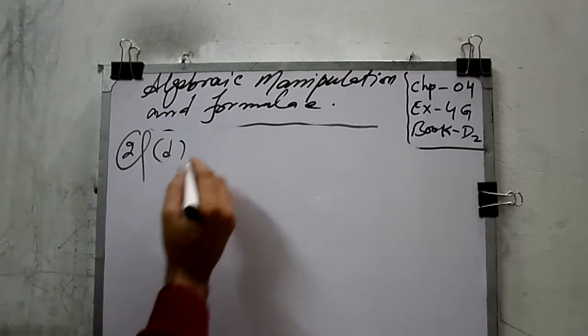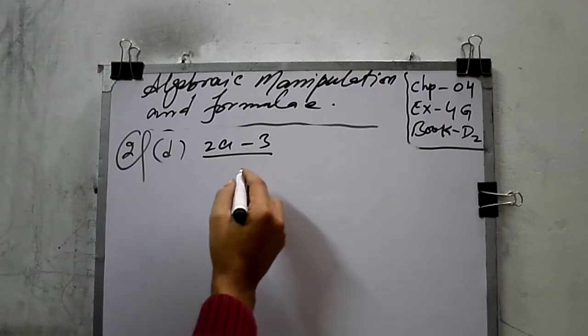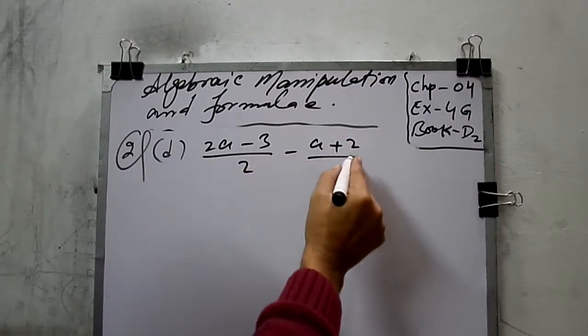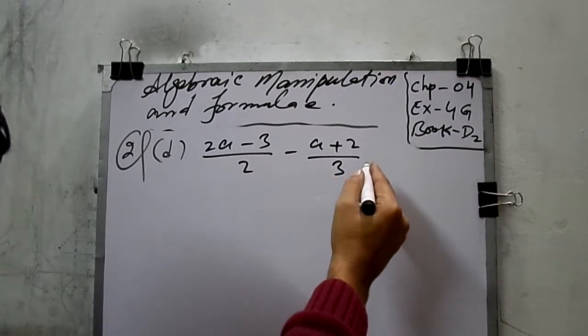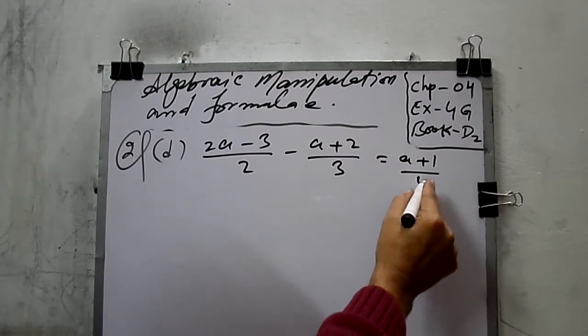D part, 2a minus 3 divided by 2 minus a plus 2 divided by 3 is equal to a plus 1 divided by 4.